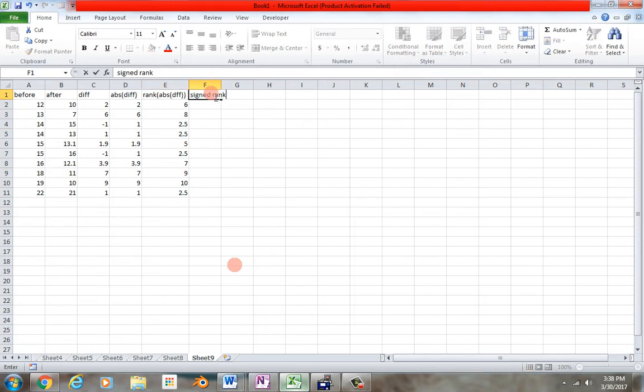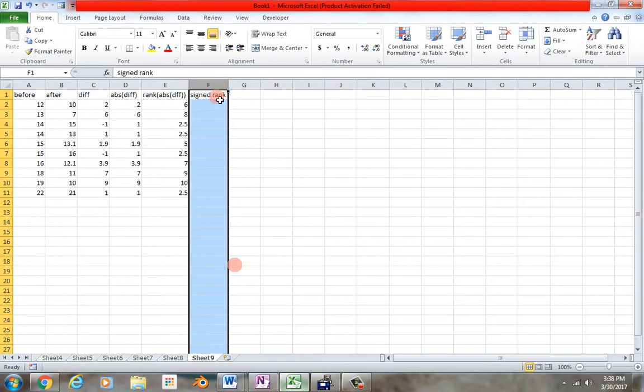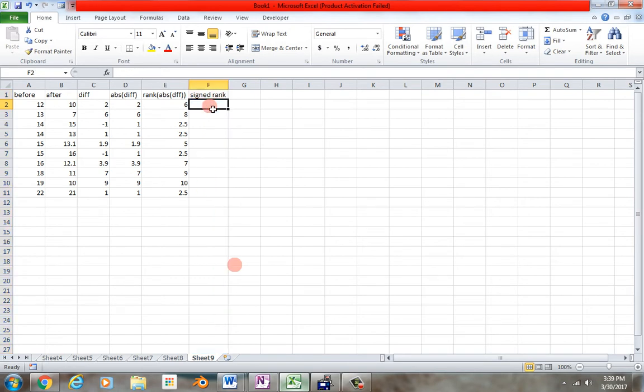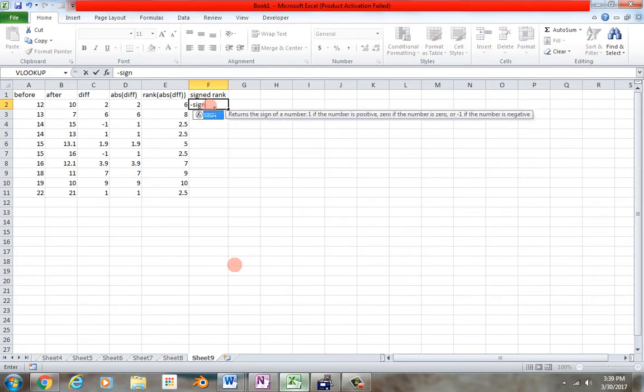Signed rank. This time I want to actually put the sign, the plus or minus, on the ranks. So what I'm going to do is =SIGN of this difference, and then times this value right here.